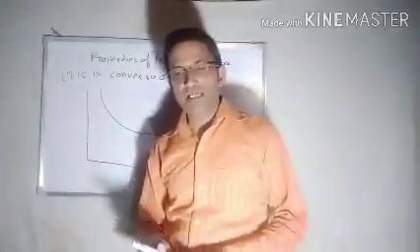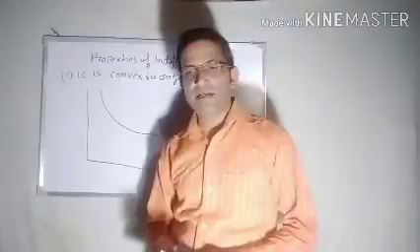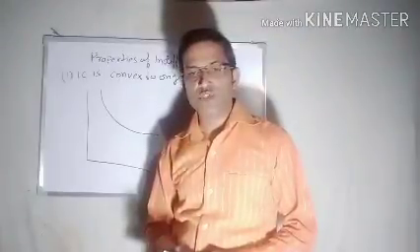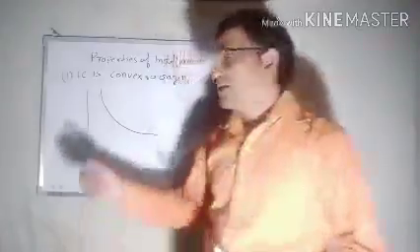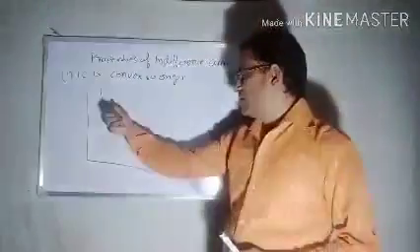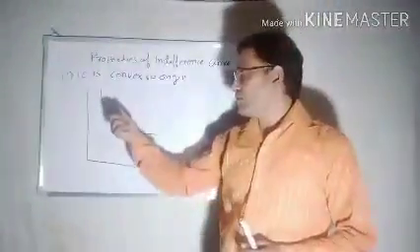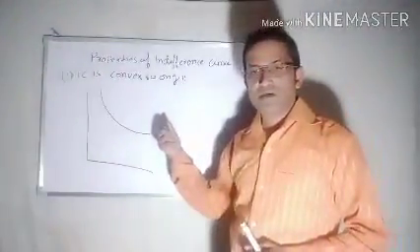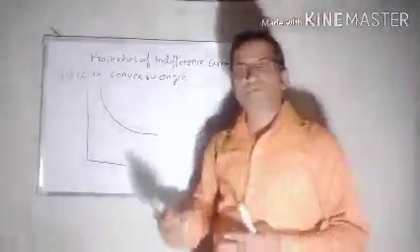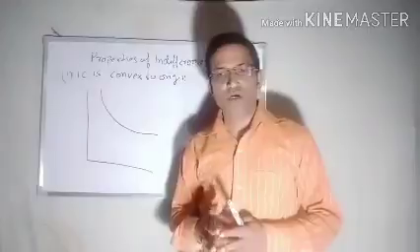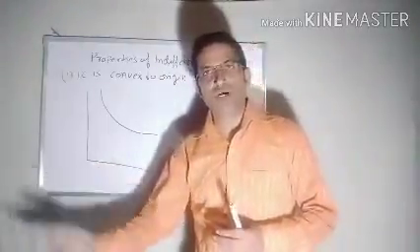The slope of the IC is called the marginal rate of substitution. It indicates the rate at which the consumer is willing to substitute one good for the other. From left to right, when the IC is declining, it shows the rate of substitution. Marginal rate of substitution means the consumer is willing to exchange goods from one to the other.